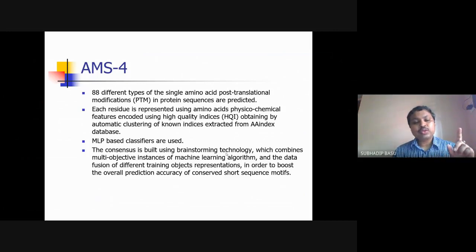Here only one classifier is suggesting the cysteine to be modified. That means its quality is 1-star quality. Then, if 3 classifiers say, okay, the cysteine is to be modified, then it is a 3-star quality. If all the classifiers say that this cysteine is modified, then we call it a 5-star quality consensus.